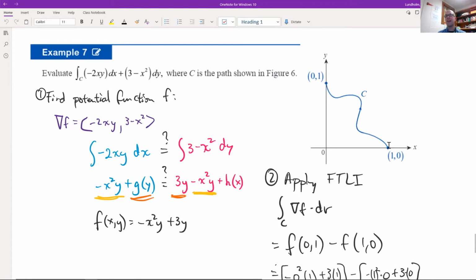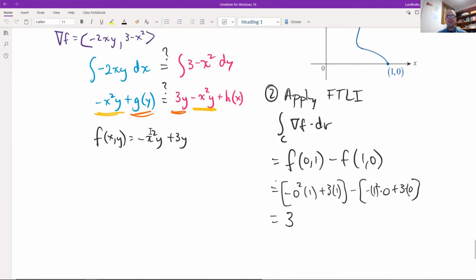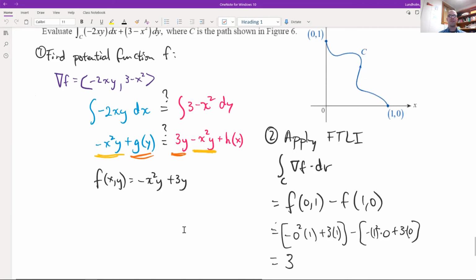So we're starting off at 1, 0, and we're ending up at 0, 1. But yeah, you put those points as the x and y values into your potential function, subtract, and get 3. That is the difference in z values that you would see for this function graphed.